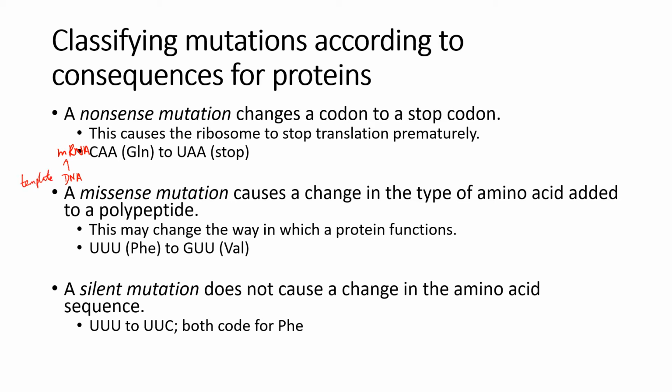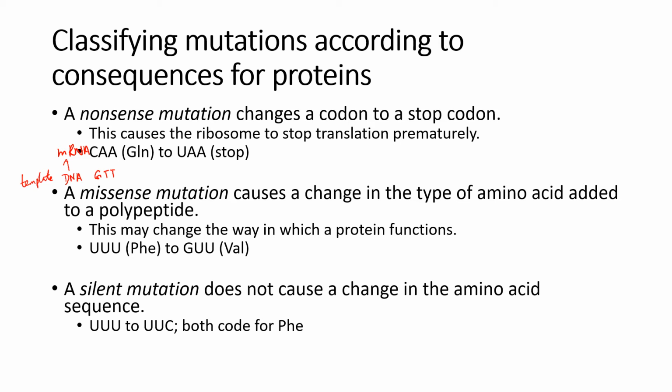So the template DNA, let's say it gets mutated to GTT, right? Remember that template DNA is read by RNA polymerase, and a complementary nucleotide is added, CAA. Well, when the ribosome reads this CAA as a codon, that informs the ribosome to recruit a tRNA bringing glutamine.